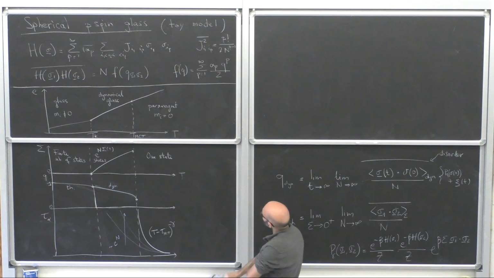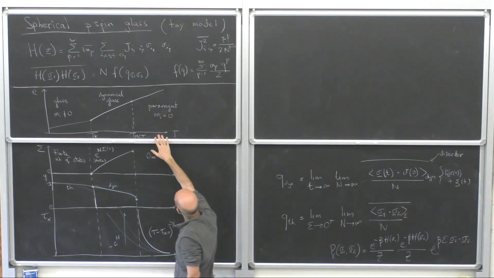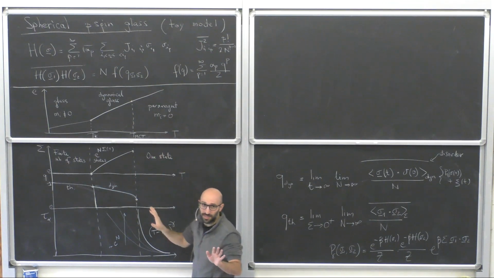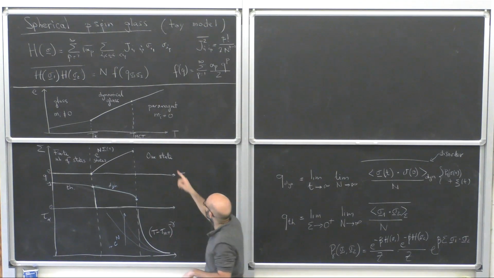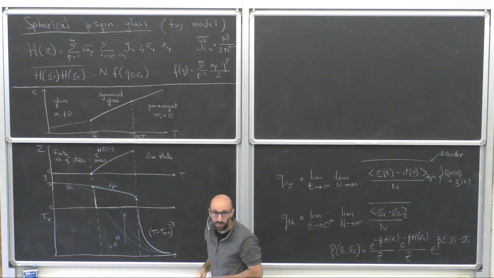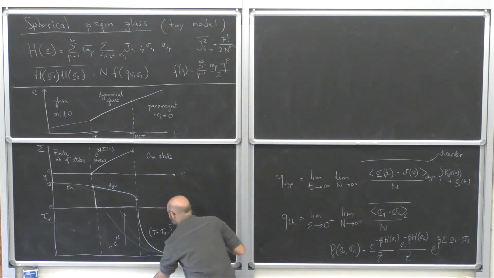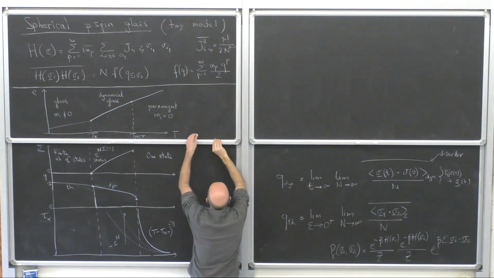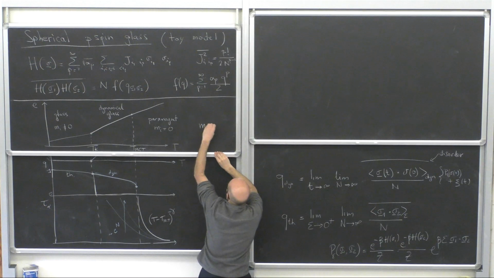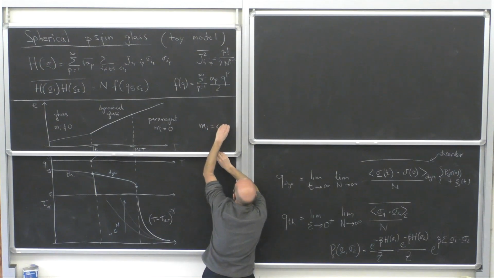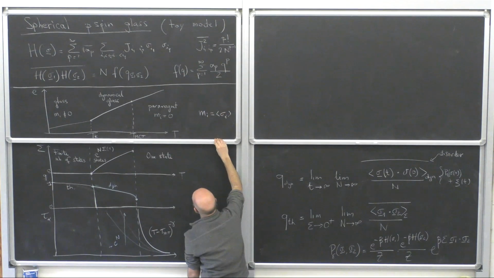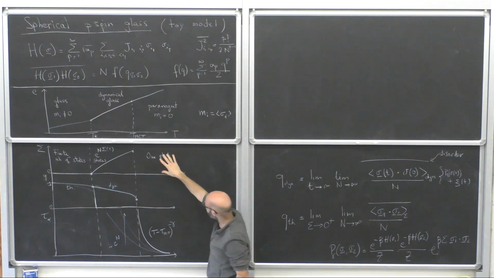But okay, what happens is that at high temperature, you just get a paramagnetic system. So all the local magnetizations are equal to 0. Maybe I should write it. The local magnetizations are just the average of spin i. Okay. So you have one state.